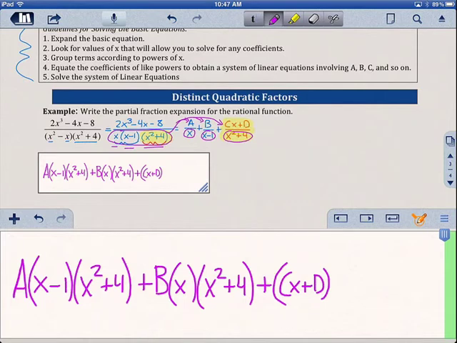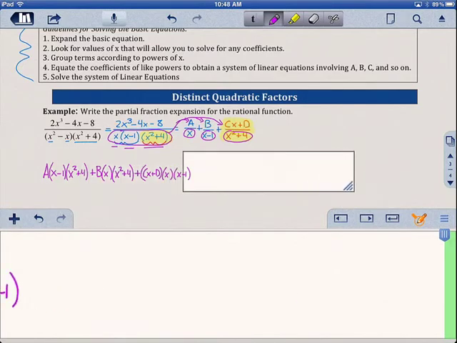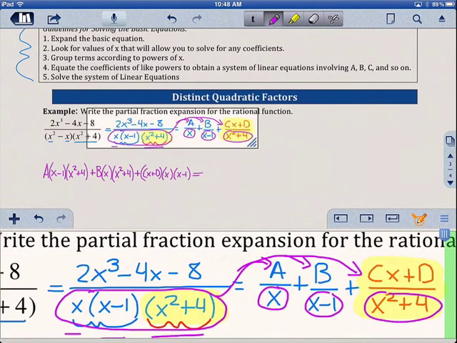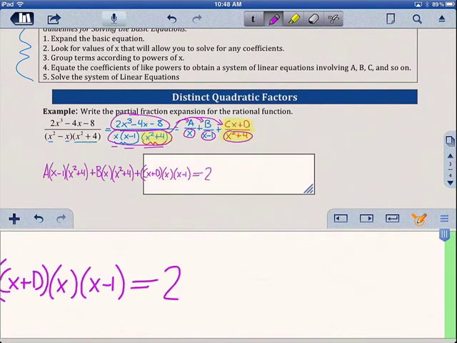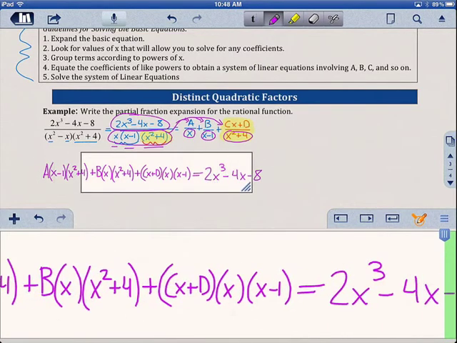The factor of x squared plus 4 is going to cancel out, and we're going to be left with the factors x times x minus 1. And then we'll recall that this still equals the numerator up here. Alright, so this really is the equation that we're trying to solve.